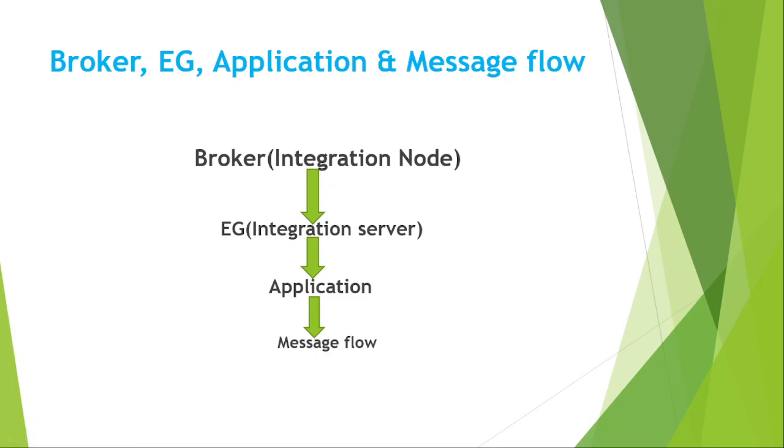So if in future I say broker, you can understand it as integration node, and if I say EG or execution group, you can understand it as integration server, because people still commonly use these names. Broker and integration node are just names for the same thing, and EG and integration server are names for the same thing.